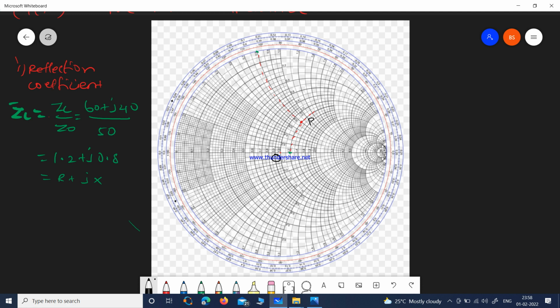So OP, what you have to do? First you have to find the reflection coefficient, right? Using the scale, we need to draw a straight line from O, extending outside to the full circle. From O, where the point is 1.0 resistance value, from O to P, I need to draw a straight line.